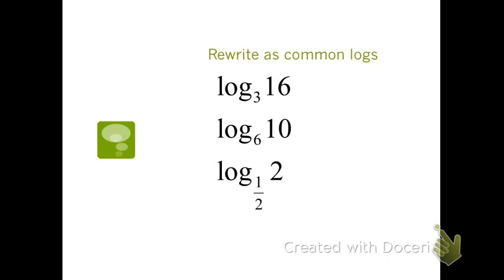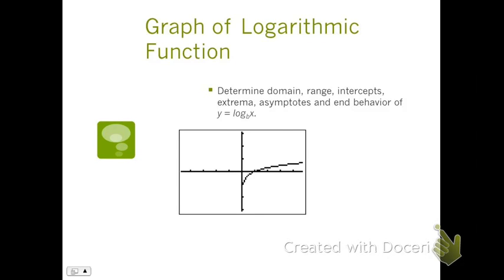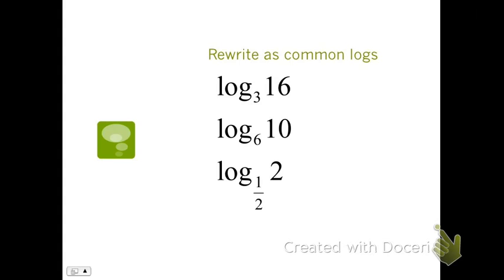So to rewrite as common logs, I'm going to take the change of base formula. So we're going to have log base 10 of 16 over log base 10 of 3, and then I can plug that into the calculator.